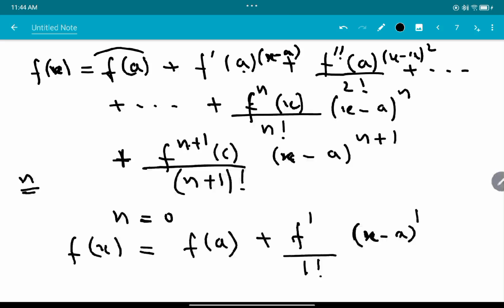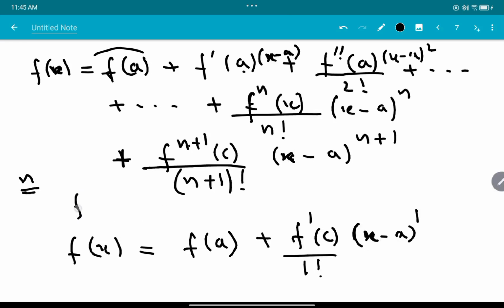Now f^(1) means first derivative evaluated at c.